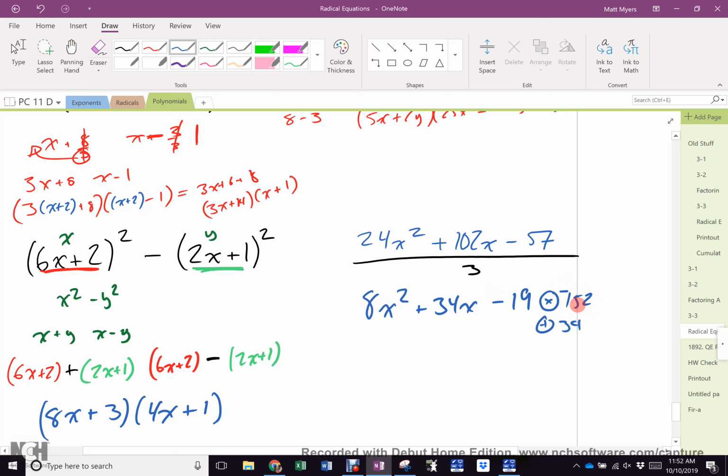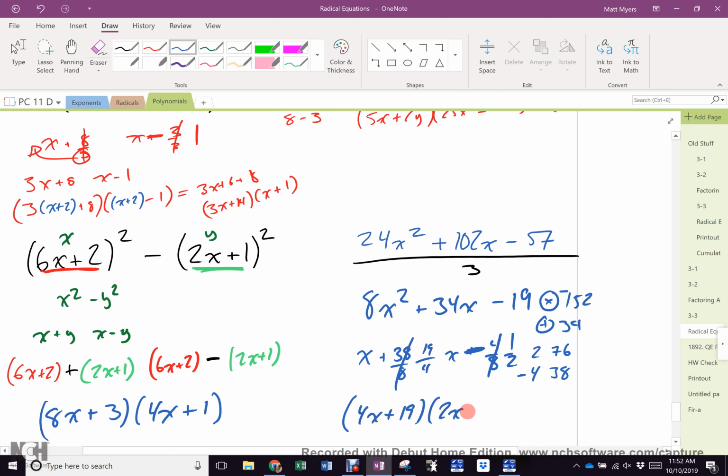So I got to break 152 down. 2 and 76. No, it's not 2 and 76. 3 doesn't work. 4 and 38. There it is right there, because it is 38 minus 4. So it is x plus 38 over 8, minus 4 over 8. Simplify 1/2. Simplify 19 over 4. 4x plus 19 and 2x minus 1.